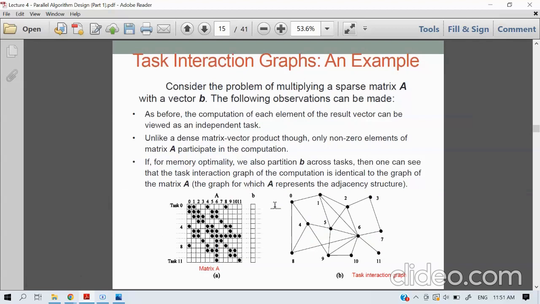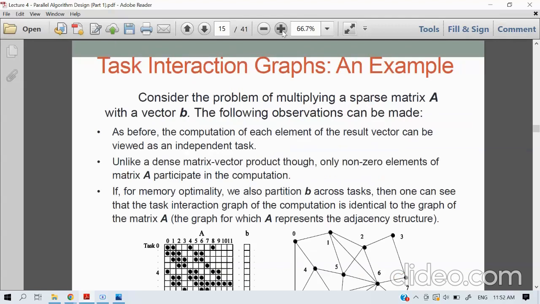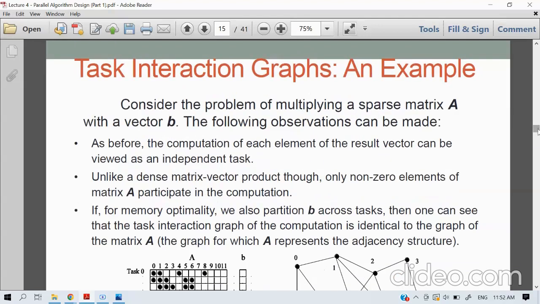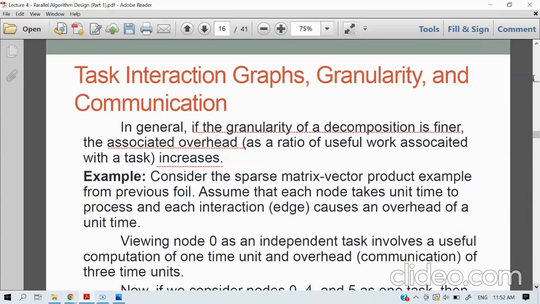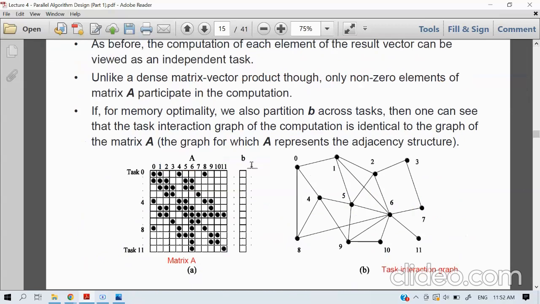You need to know how to transform this matrix into a task interaction graph. Let's look carefully. If you can't see, enlarge the screen a bit. It's actually easy to transform. Look, in this matrix A, we have task 0 until task 11.